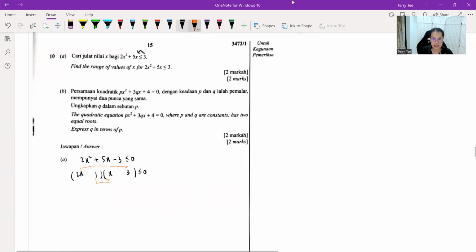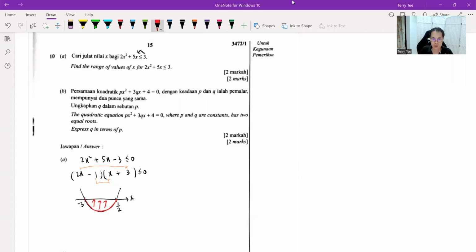So we do a sketch. For a quadratic inequality, normally we draw a graph to find the range of values of x. In this case the roots are -3 and 1/2. Less equals 0 means the region should be below. Remember, more than 0 is the two sides above, less than 0 is the region below.